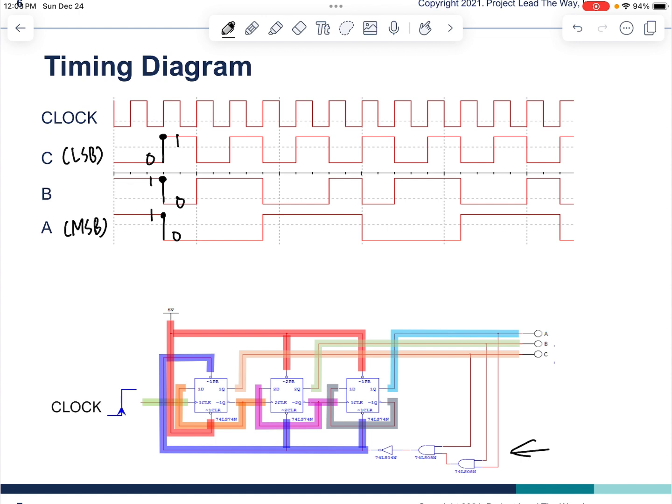Now we have 0, 0, 1, and every time you have a rising clock to the C, it will toggle. If it was 1, it will change to 0. If it was 0, it will change to 1. Every time there is a rising clock, C will change the state.